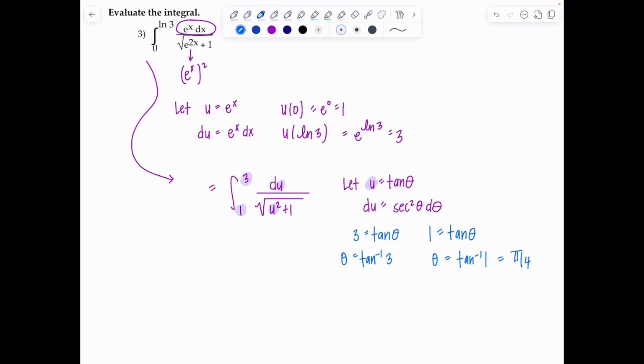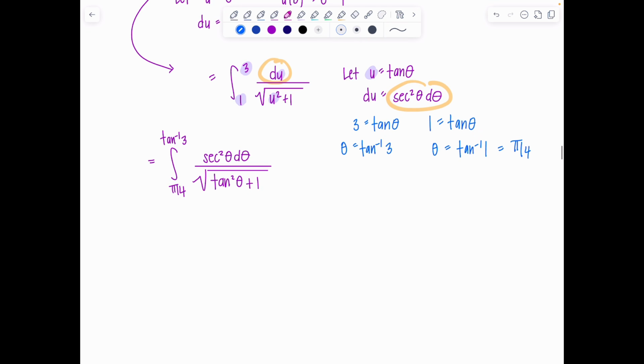Okay, so we're going to write out our integral now. It's going to go from pi over 4 to tan inverse of 3. Instead of du up top, I have all of this: secant squared theta d theta. Beautiful. Over square root of u squared plus 1, which is tan squared theta plus 1. Good, good.